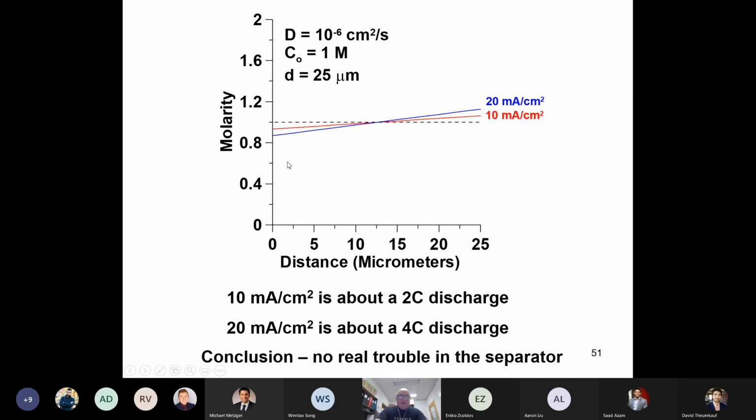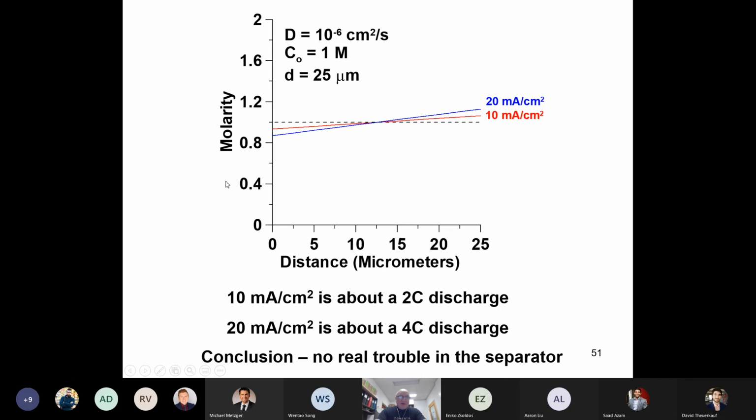So I just did some simple calculations here for a diffusion constant of 10 to the minus 6 centimeters squared per second, pretty typical for a lithium ion electrolyte, an initial concentration of 1 molar, again typical, and a spacing between the electrodes of 25 microns. Imagine going from the front surface of one electrode across the 25 micron separator to the front surface of the next.